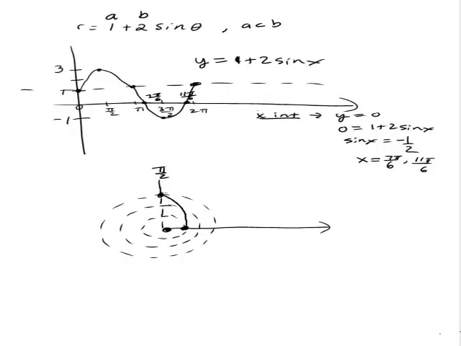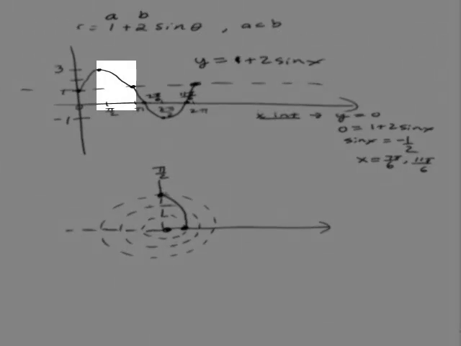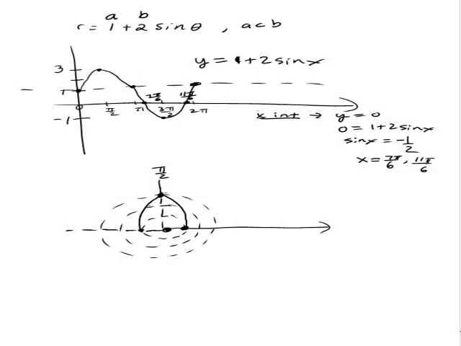Now we are interested in pi over 2 to pi. Pi is, let's say, right about here, so that would be this line here. And what happens? We're going to go from 3 back down to 1. At pi, it's at 1, so we go from 3 back down to 1, like that. All right, now I want to go from pi to 7 pi over 6. 7 pi over 6 is going to be right here.